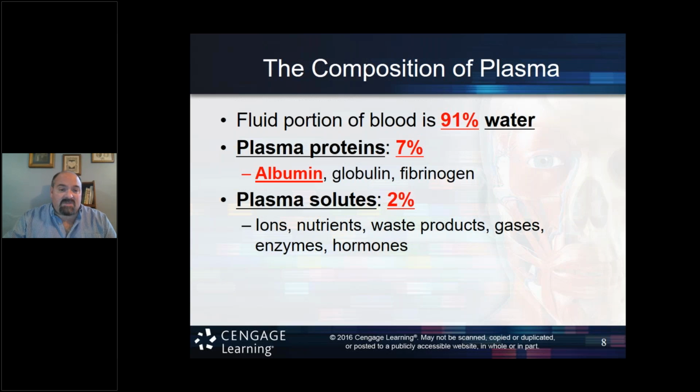Plasma solutes, you would think in terms of ions, nutrients, waste products, gases, right? So gases such as oxygen and CO2, waste products, enzymes, hormones are all solute substances passing through and dissolved within the plasma.